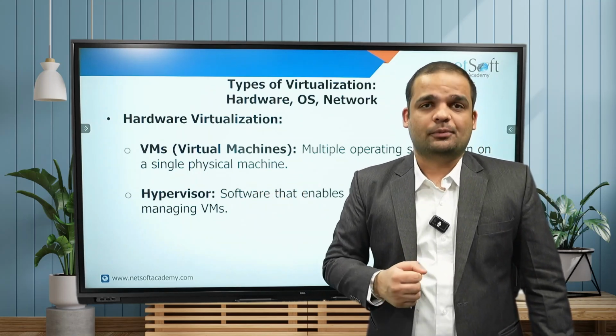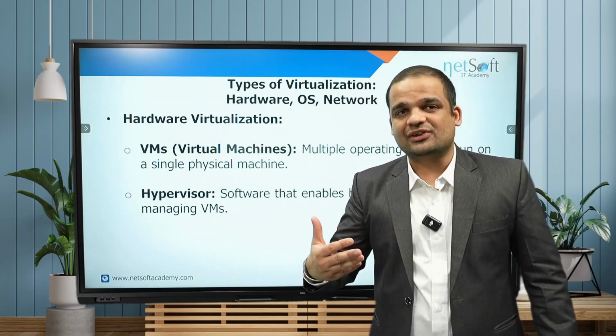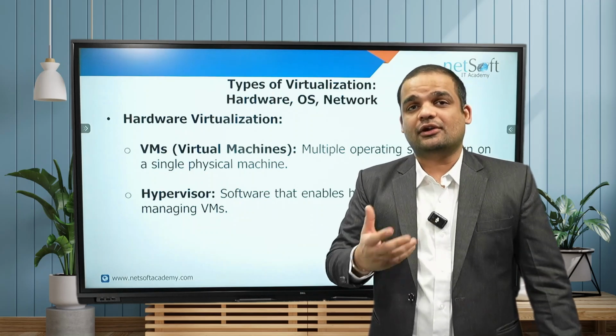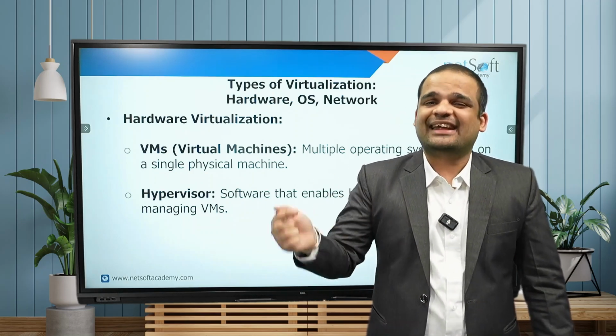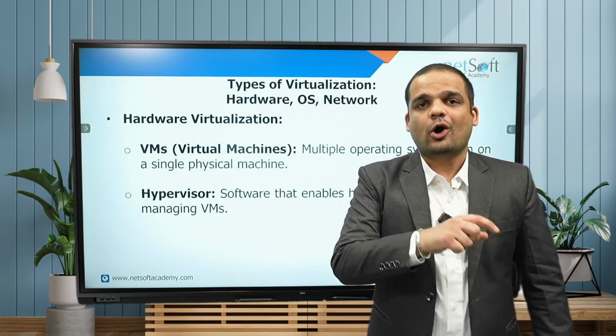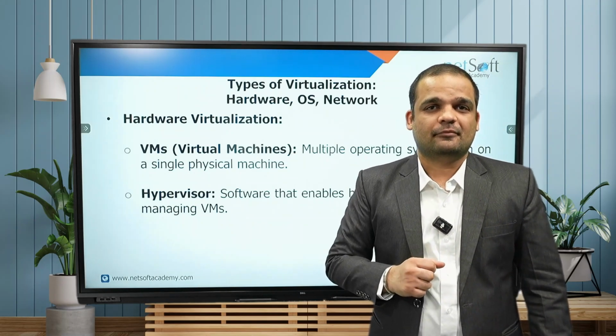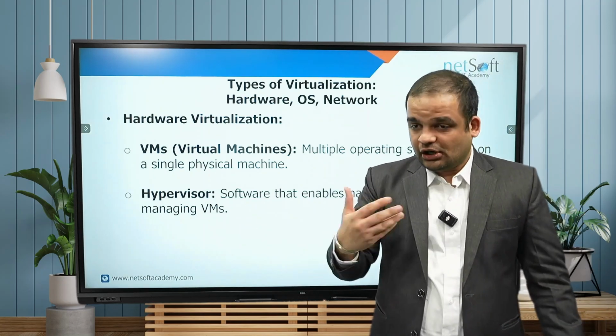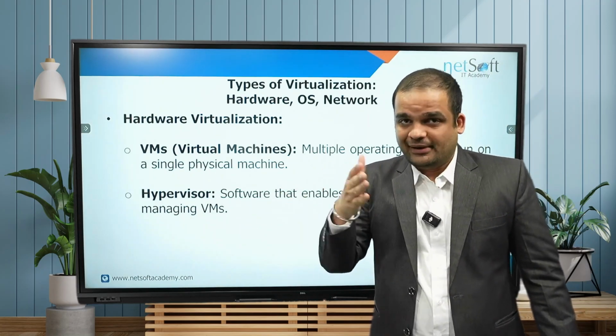Then type 2, also known as hosted hypervisor. This type of hypervisor typically runs on top of an existing host operating system, which means you have a computer with hardware. There's a kernel which talks with the hardware. It's a middleman.